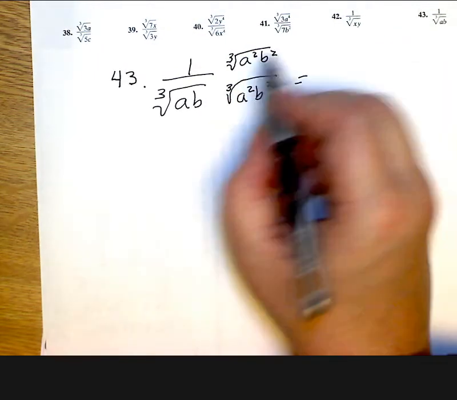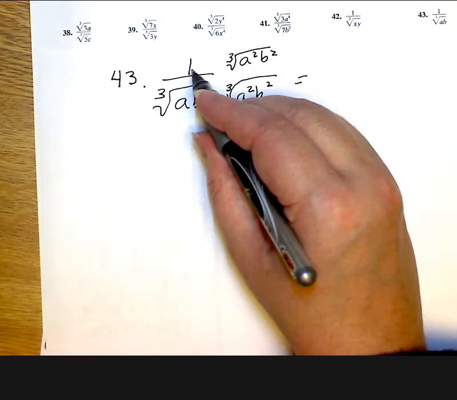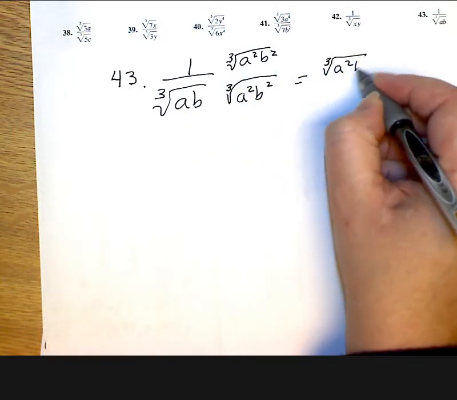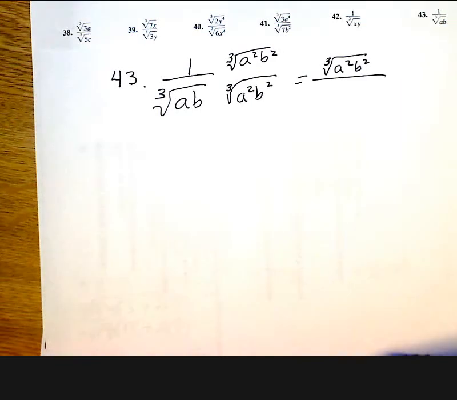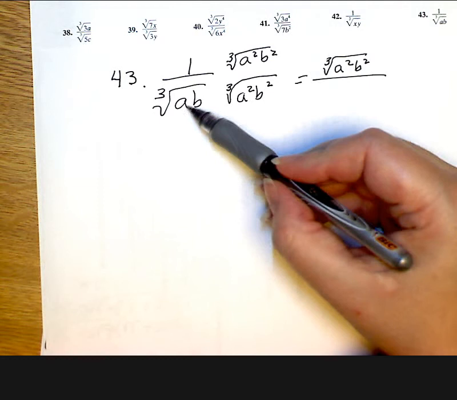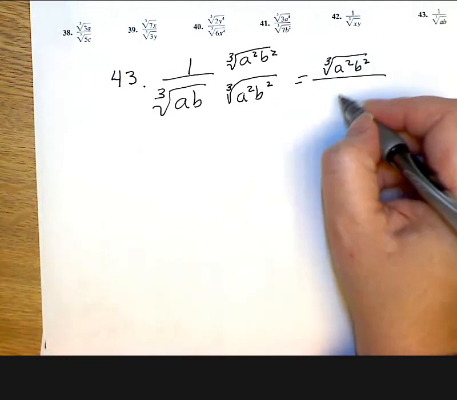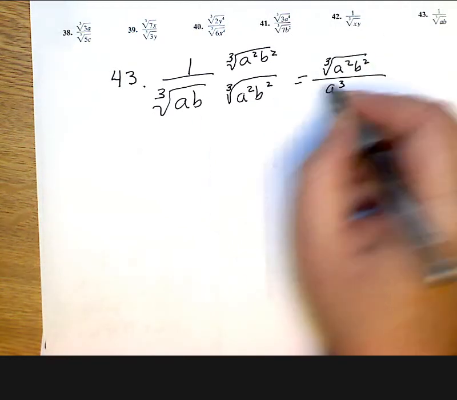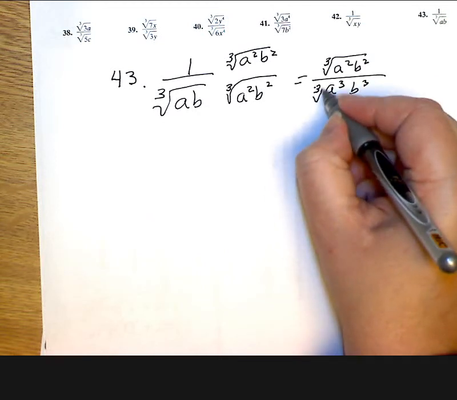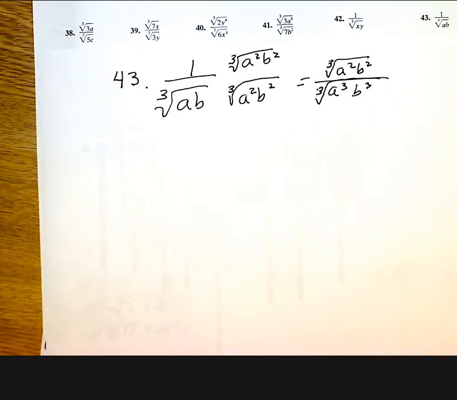So the top will be 1 times this, then would be the cube root of a squared, b squared, over, this now is a times a squared, gives me a cubed. B times b squared is b cubed, and we have that cube root. Only thing we have to do now is clean up the bottom.